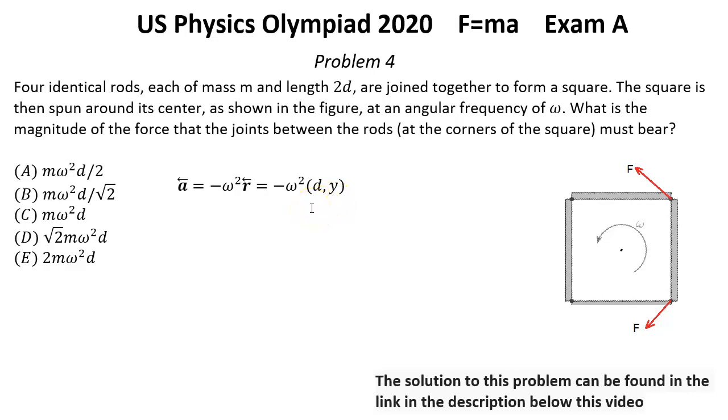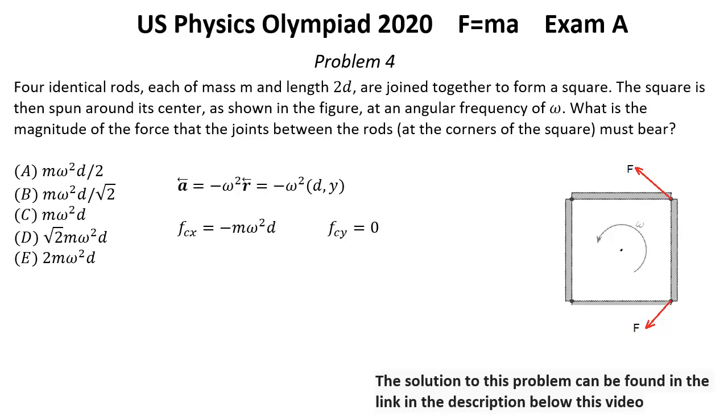So the rightward component of centripetal acceleration is omega squared d, which is constant along the rod. Thus, the rightward force on the rod is negative m omega squared d. In the direction y, due to symmetry, the centripetal force is cancelled. Using Newton's third law and the symmetry, we see that the tension in each joint must be in the direction perpendicular to the corresponding diagonal.